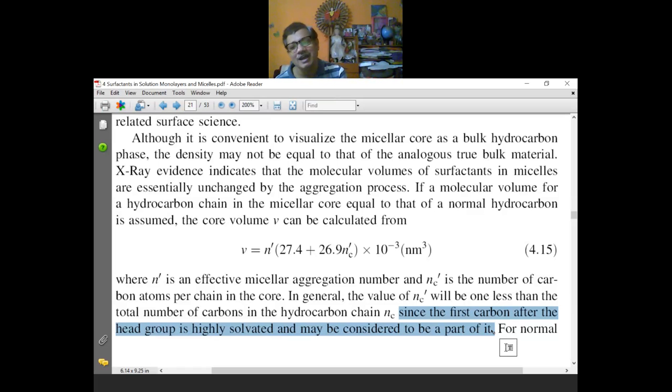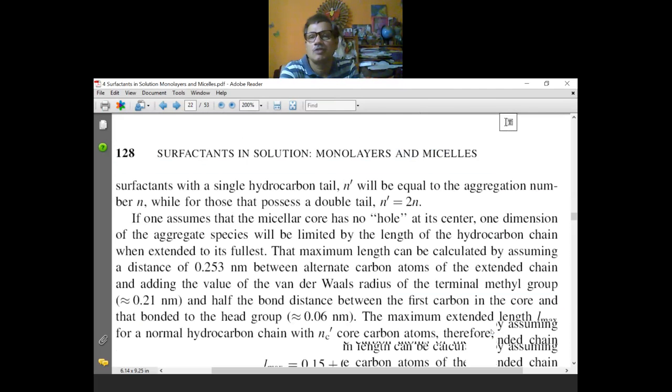Or on the other hand, if you know the aggregation number and the number of carbon atoms in the hydrocarbon chain, you can calculate the volume. So calculate the volume, divide it by the aggregation number, and you will get the volume of one hydrocarbon chain. Clear? So I am now in a position to calculate the volume of one hydrocarbon chain.